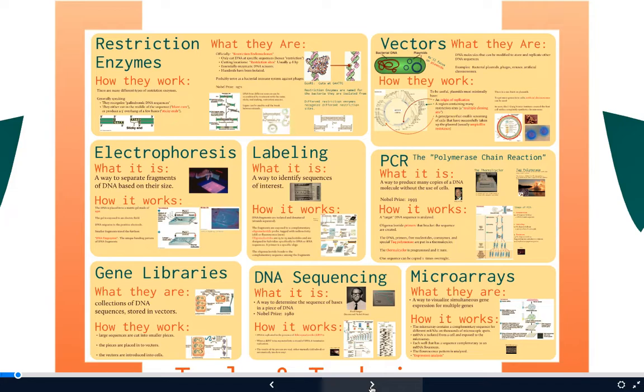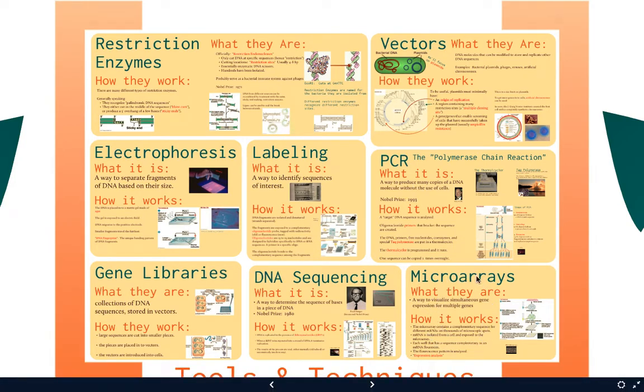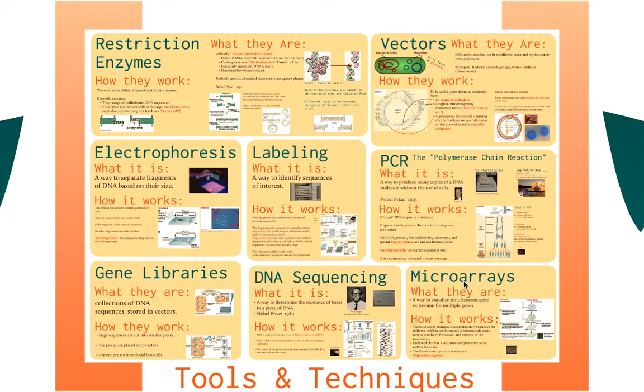Then we'll come back and look at the tools and techniques of electrophoresis, some sequencing and labeling, PCR, gene libraries, and microarrays, which we actually did an activity with a while back. If you remember, you got to act as oncologists, and we chose the correct treatments for the patients that had been diagnosed with breast cancer in class.